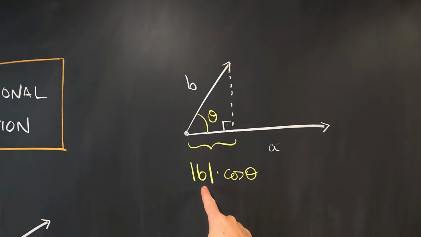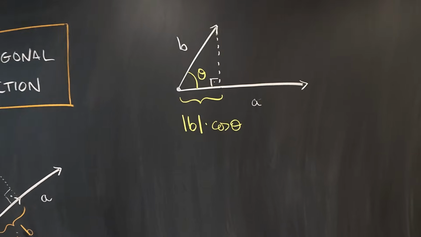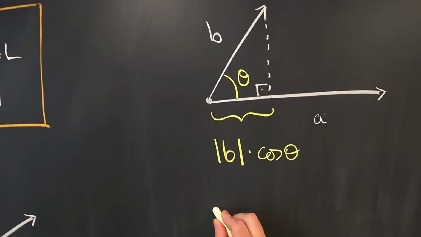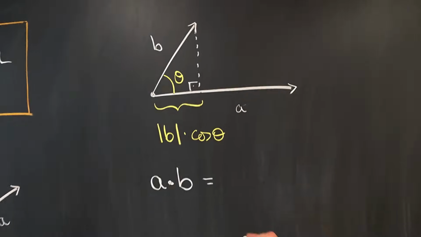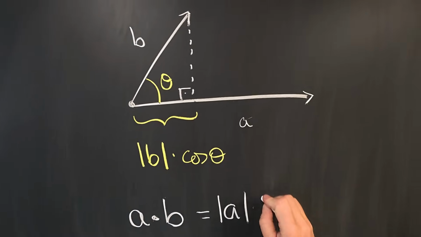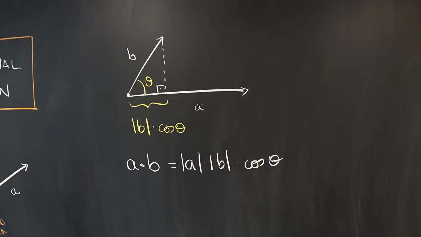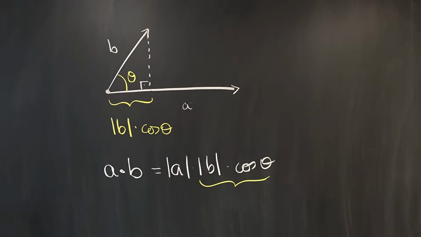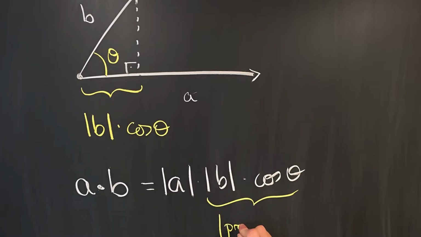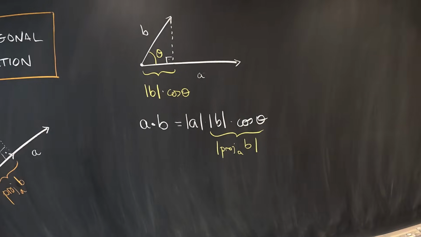But the length of B times the cosine of theta appears in the formula of the dot product. We know that the dot product of A and B is actually the number, the length of A times the length of B times the cosine of the angle between them. So this right here is actually the length of the projection of B onto A that I'm looking for.